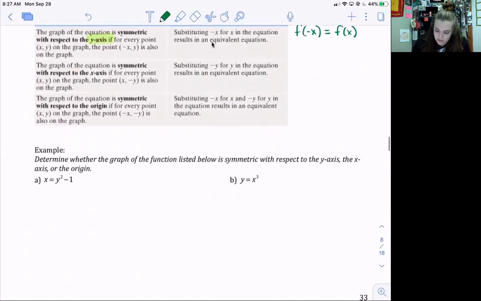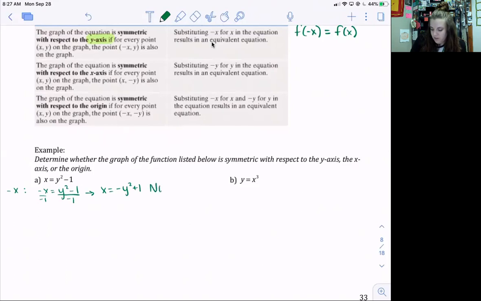So first one, if we change x to negative x, does negative x equal y squared minus 1? Can we get back our original? If we divide by negative 1, we get x equals negative y squared plus 1, which is not our original.